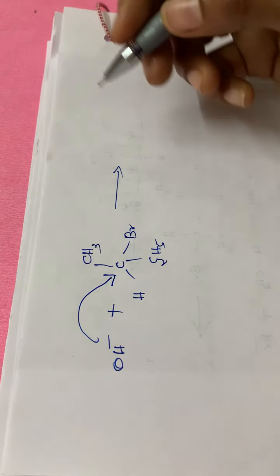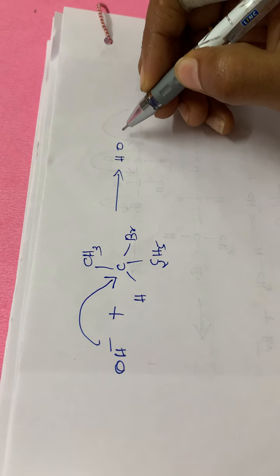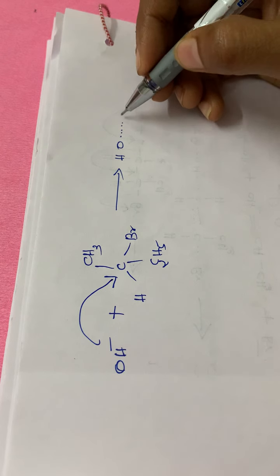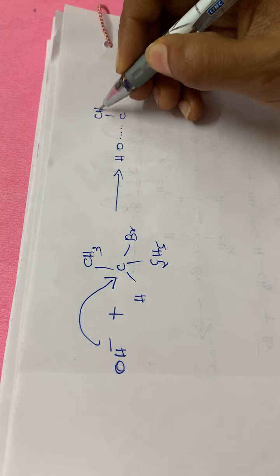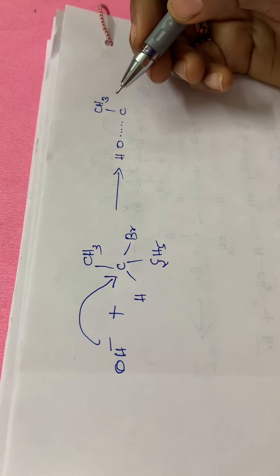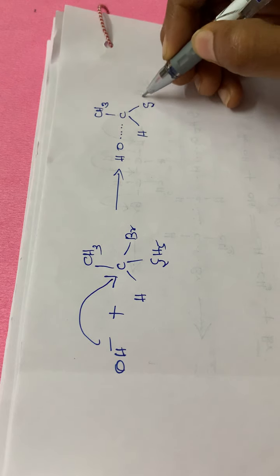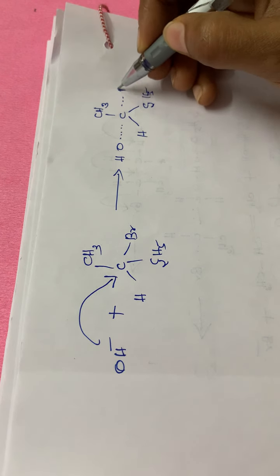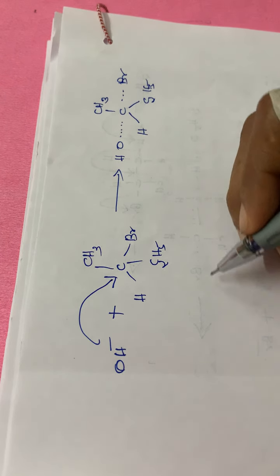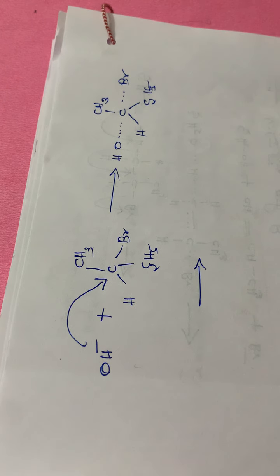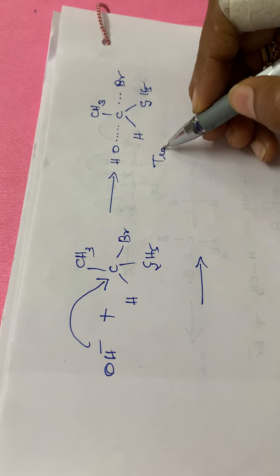So what happens? An intermediate will be formed, OH, single bond, a partial bond making, CH3, then H, it is a planar compound, C2H5, then this Br is removal. This is the transition state.